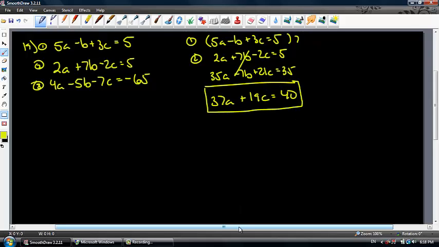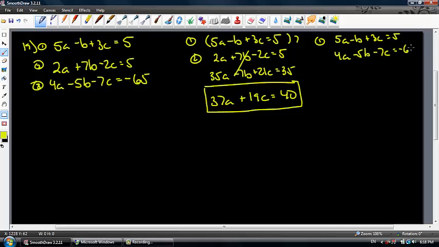Okay, it's already looking kind of ugly. Some prime numbers in there. I don't like that. Okay, next set of equations. I'm going to eliminate b again, so I'll use equations 1 and 3. Equation 1 is 5a minus b plus 3c equals 5. And then equation 3 is 4a minus 5b minus 7c equals negative 65. Eliminate b again, so I'm going to multiply everything by negative 5.